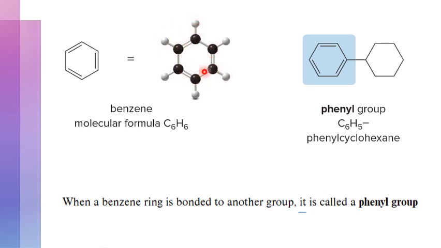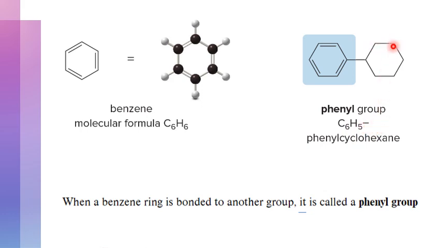If this benzene is attached to any other organic compound, we call this benzene group a phenyl group, because it uses that hydrogen position to bond with another compound. So we will not have C6H6 in the formula now. It will be only C6H5.